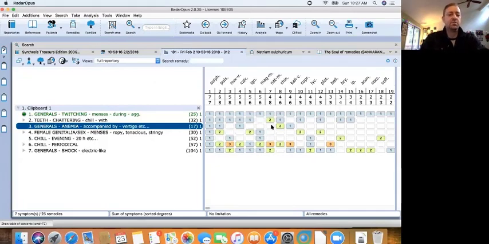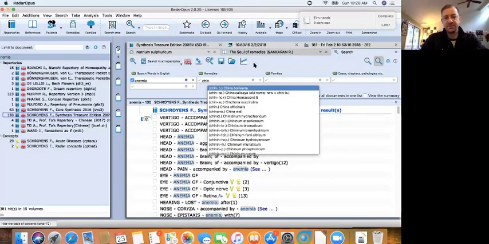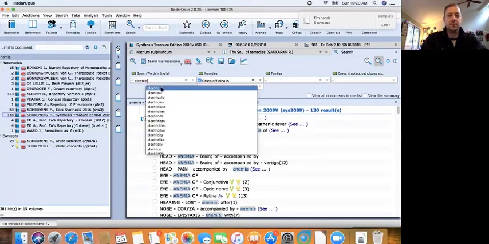And it doesn't. So what I would want to do is go to generals, electric. I want to see if China has any electric-like shocks. So I type in, this is the advanced search here, I type in China officinalis, right? And then I put in electric. Enter.